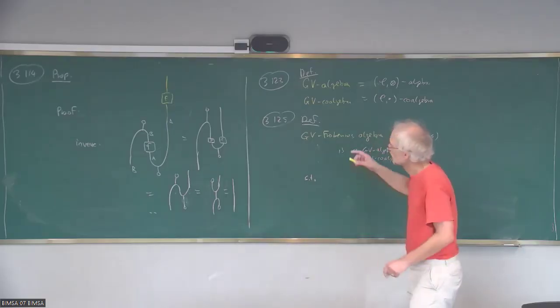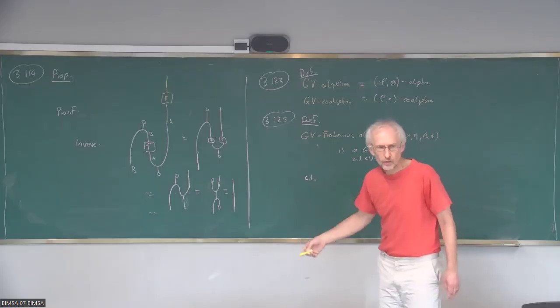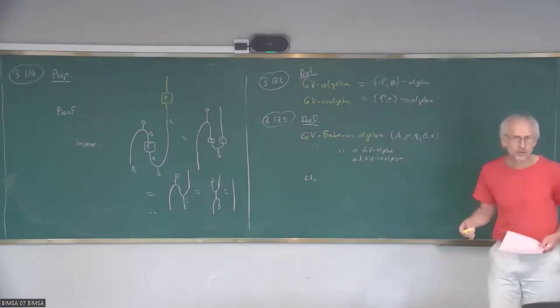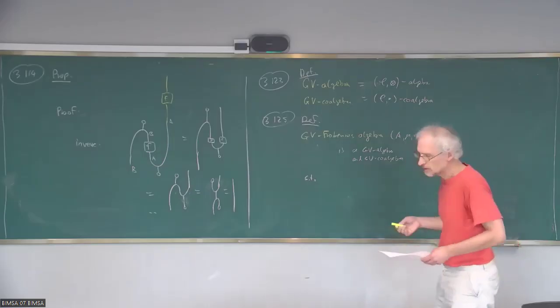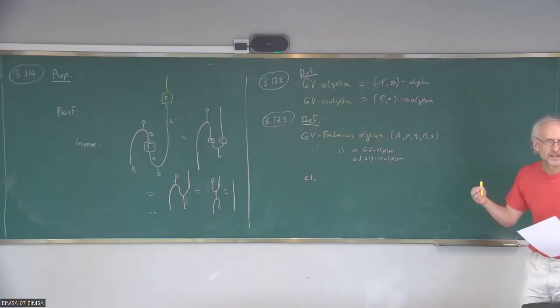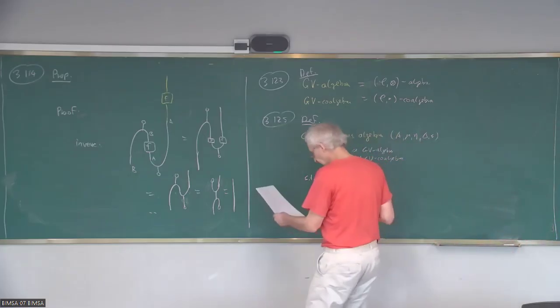And now this I do not draw for the simple reason there is no known or proven two-dimensional graphical calculus for Grothendieck-Verdier categories, even though there will exist something like that. But to formulate it, you have to think quite a bit.